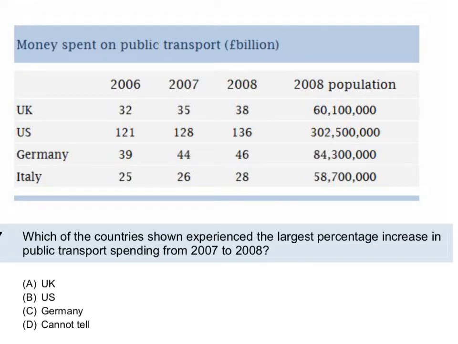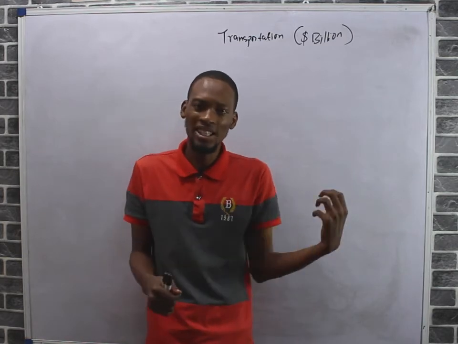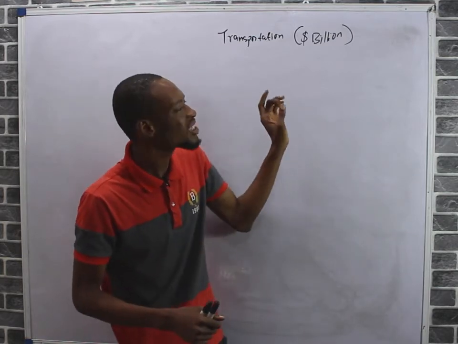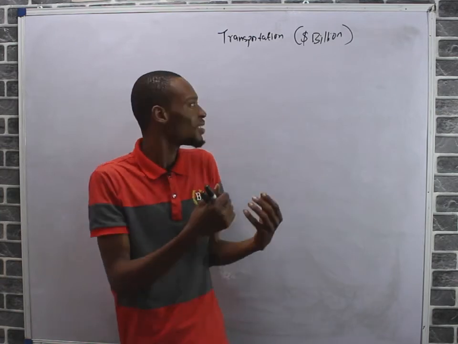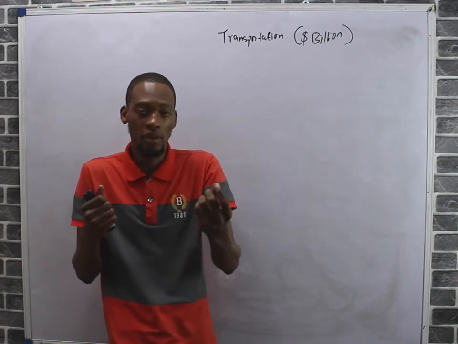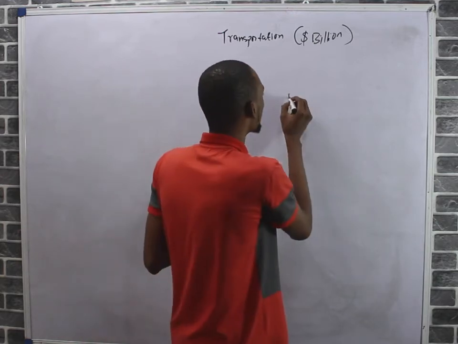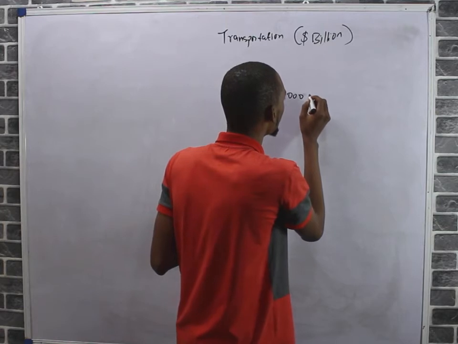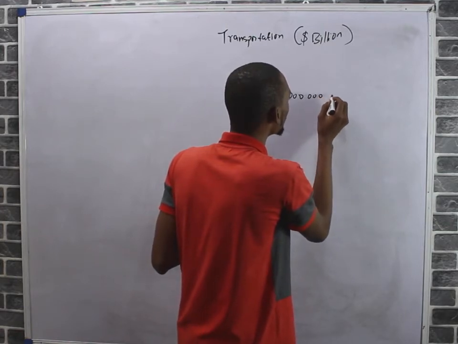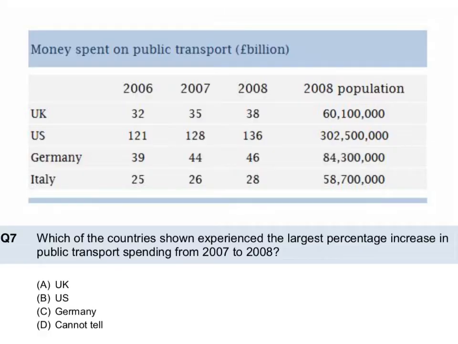Don't add the zeros. The last one, I added the zeros because they are in thousands, which is still fair when it comes to calculation. But billion means thousand, million, billion, so it will mess up the calculation.